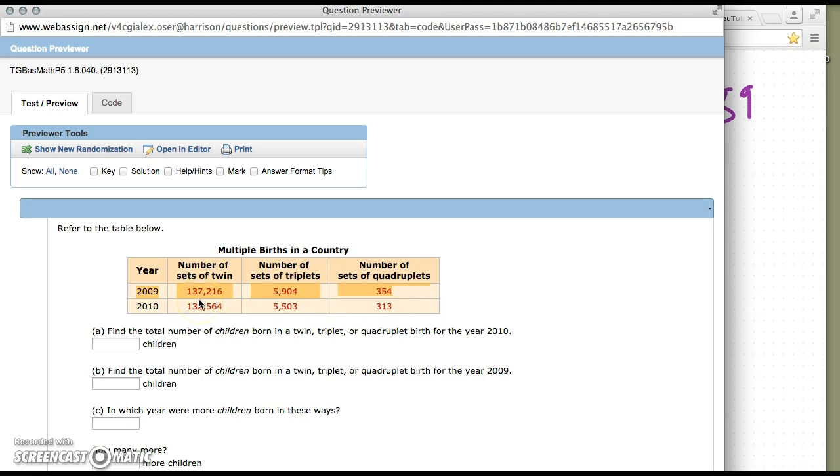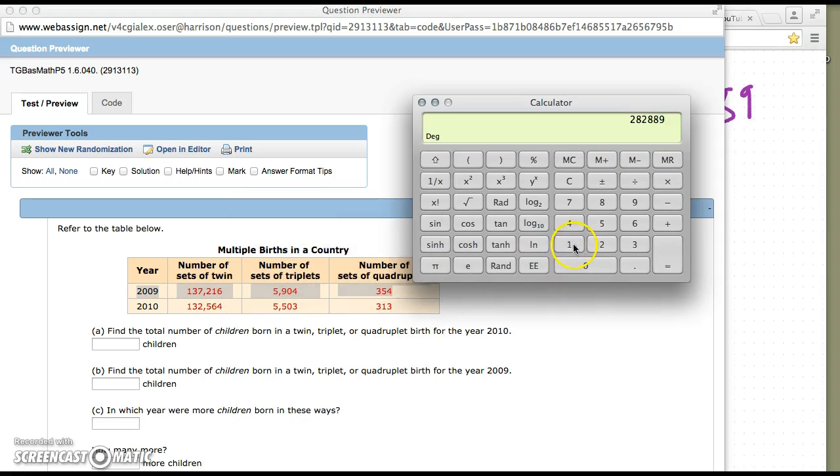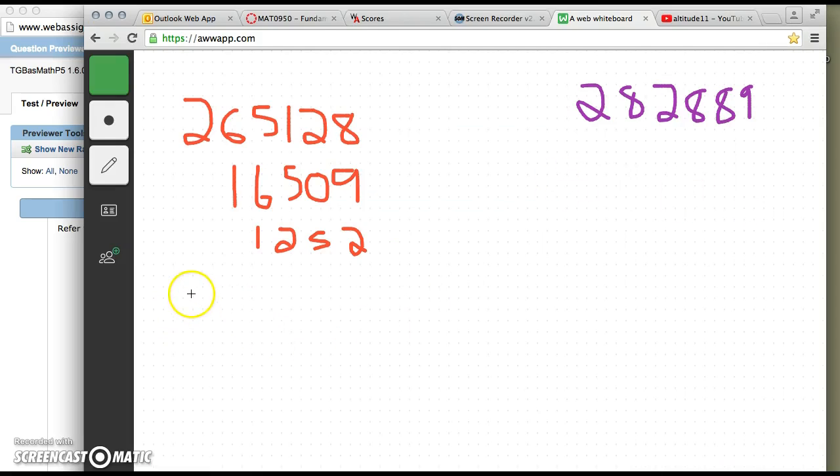We have 137,216 sets of twins. Multiply that by 2 for the 2 kids in each set. That's 274,432.